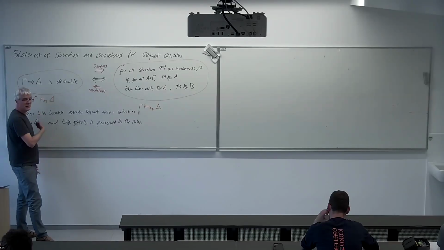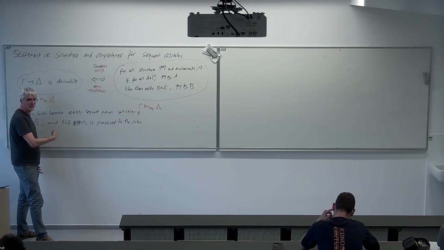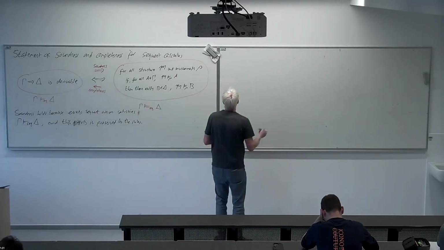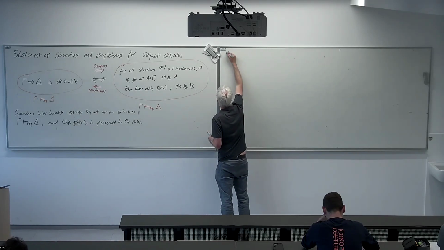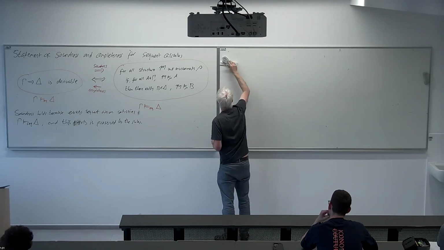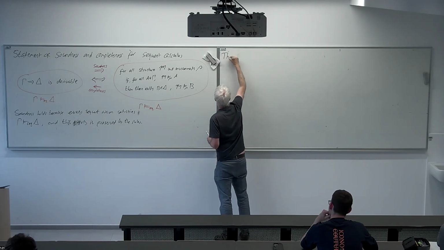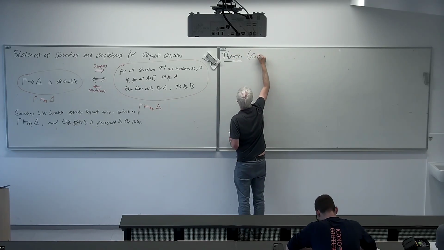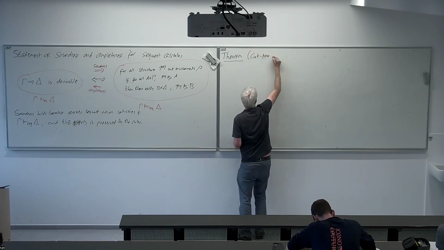Moreover, using this proof, we can establish some rather deep facts about the sequent system. So what we're going to prove is what I call cut-free completeness. So this is a theorem.